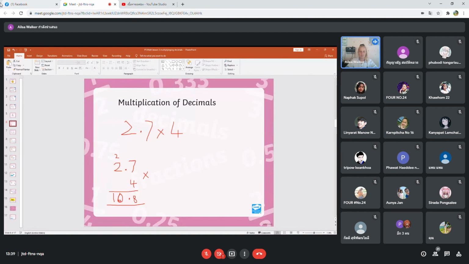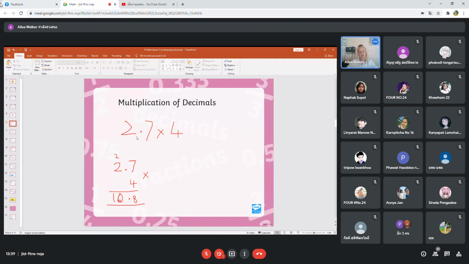So today, we are looking at multiplication of decimals. We are going to have a decimal number and we're going to multiply by a single digit, a whole number.